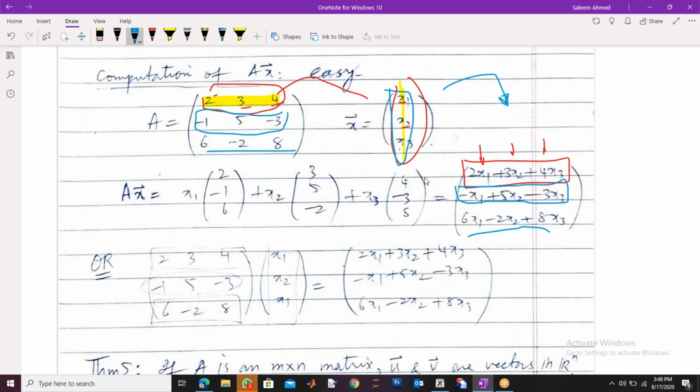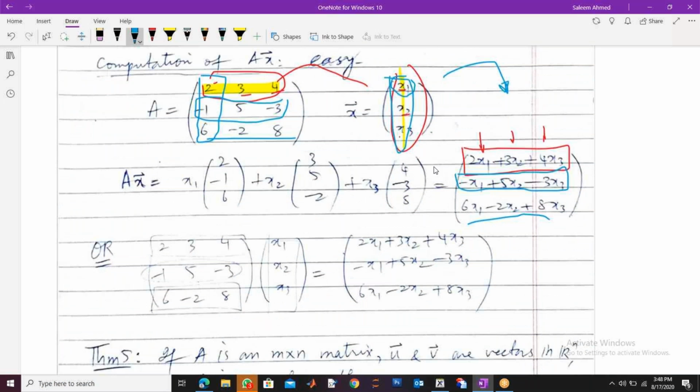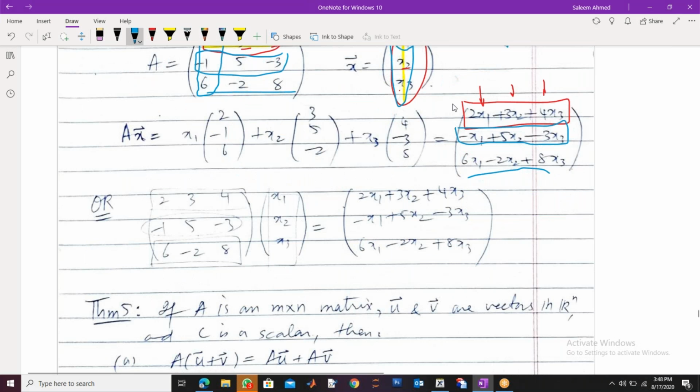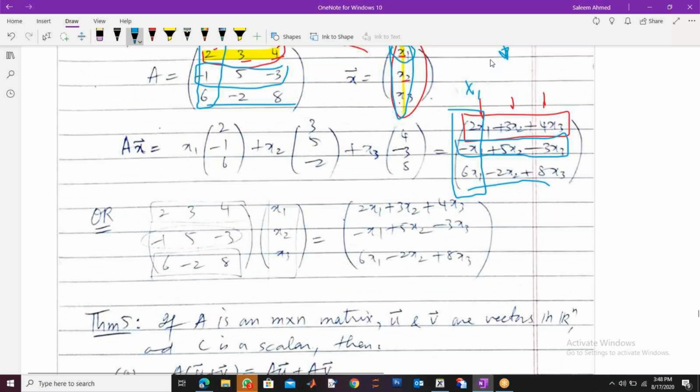Another way of writing is this. You can pick the first element x1 and multiply by the first column, which is 2, minus 1, 6.